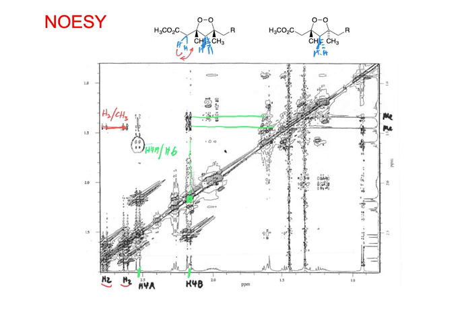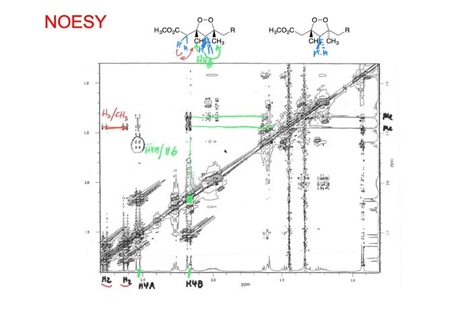All right, so this would be H4 beta, which is going to this methyl group and to this methyl group, right? So all three of those have to be on the same side.